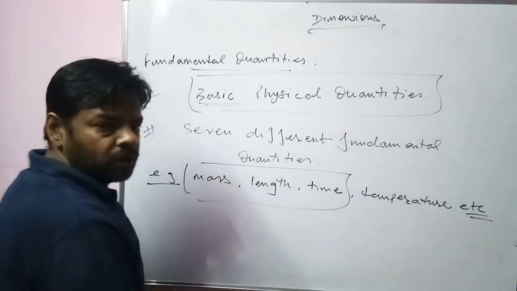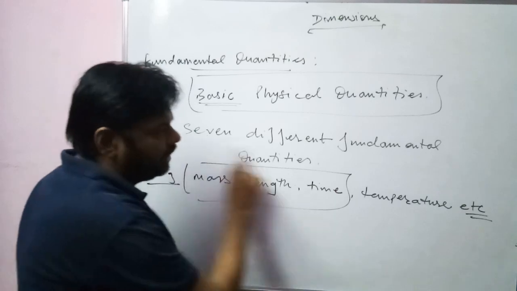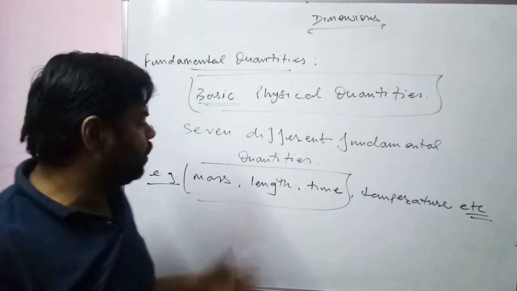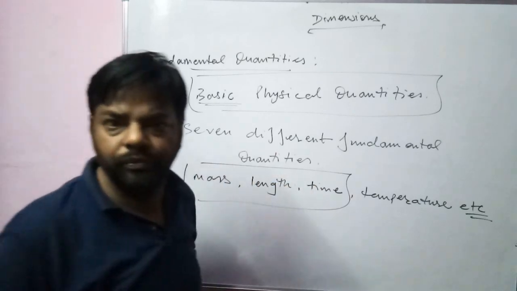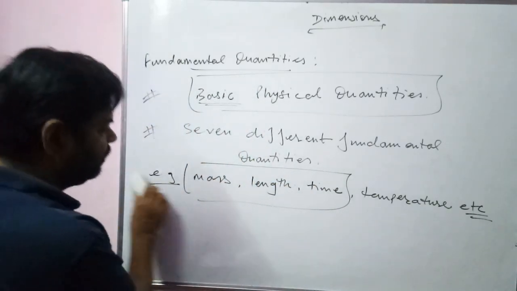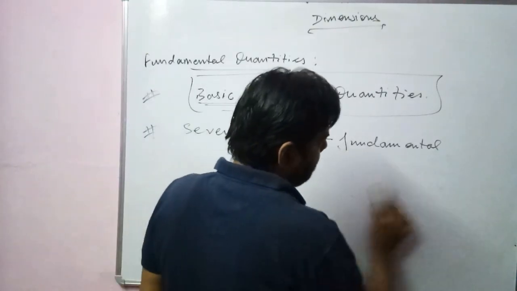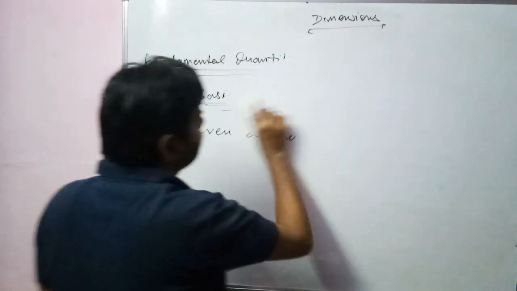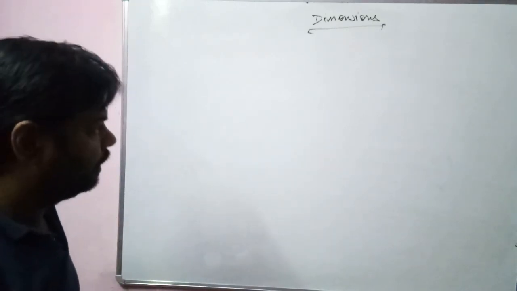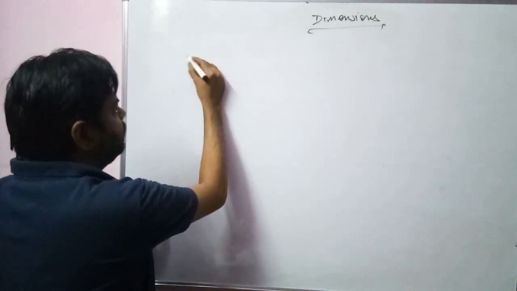So, students, fundamental quantities, I think it is clear. They are the basic physical quantities. In actual, there are 7 fundamental quantities, and out of those 7, we are going to discuss mass, length and time for the first few lectures. Now, students, derived quantities.